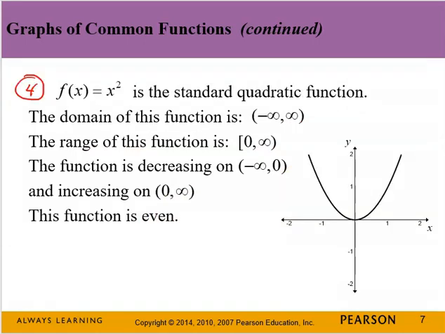Now, this function is x to the second, which is the standard quadratic function. Anything to the second power we describe as quadratic. Now, these produce a parabola, where if you were to put this in a graphing calculator, it would look like so. And the domain of parabolas when it's like this goes off to negative infinity in this direction, positive infinity.